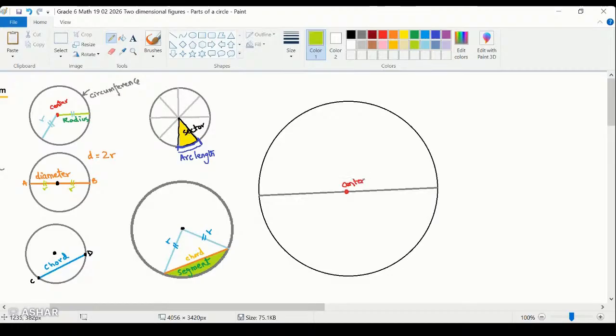This was radius. This was radius. The complete length would be a diameter. Furthermore, let's make a sector out of it. If we make a sector over here, this entire shape would be a sector.